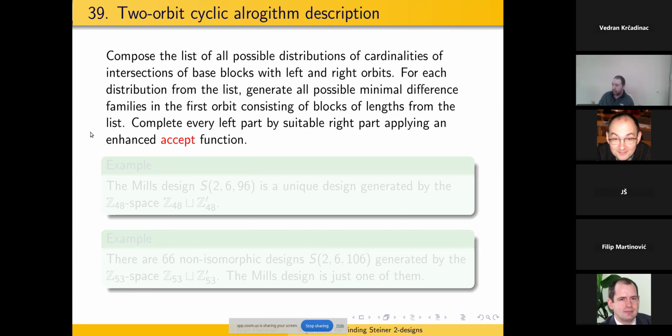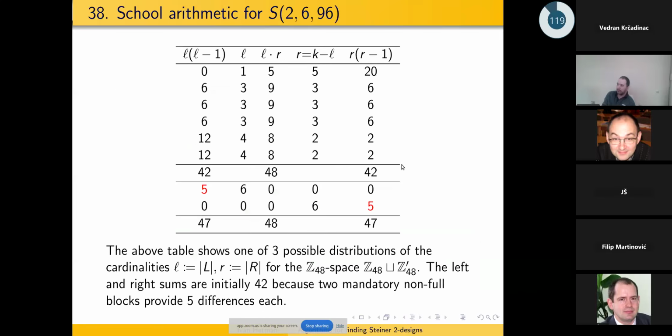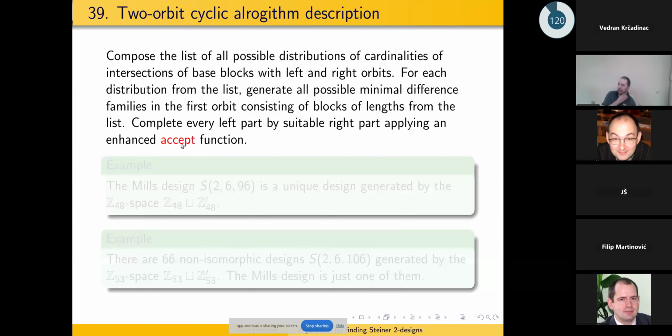Okay, so we will use again the accept and search functions that were defined, but for groups. And first of all, what we need to do, we need to compose the list of all possible distributions of cardinalities of intersections of base blocks with left and right orbits. I mean, compose these initial left parts.